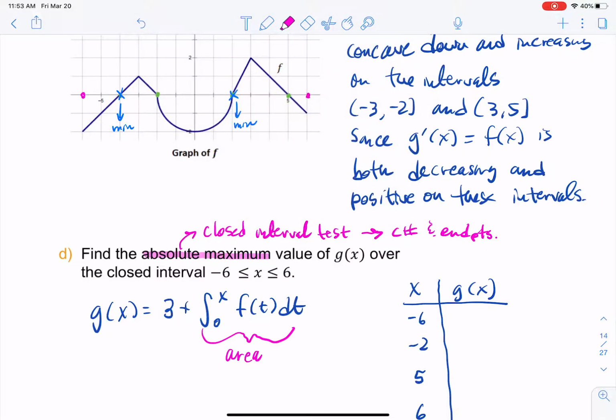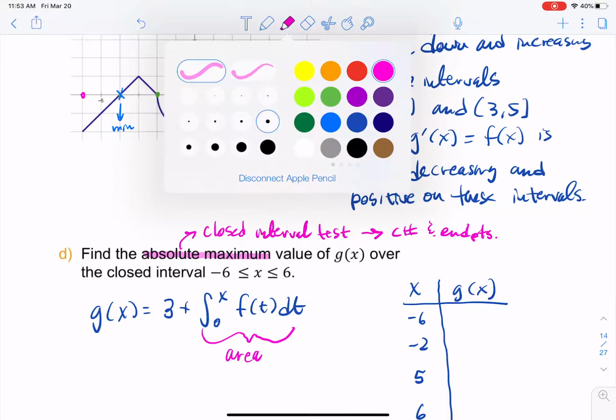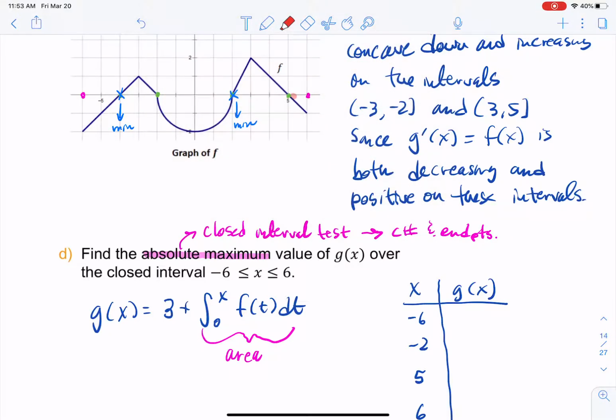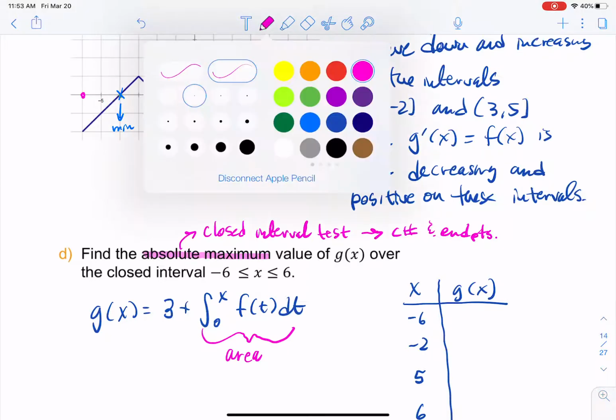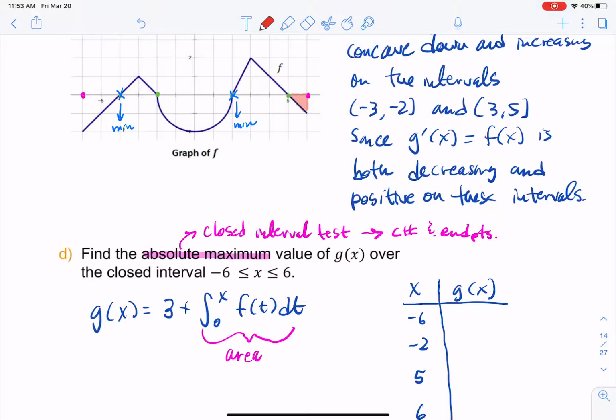And I'll color some of this stuff in here. Maybe red for the stuff that's down below. So let's first find the area of this piece. The area here is a 1 by 1 divided by 2, so it's a half. Then another part that's down below is the semicircle, looking like a bit of watermelon.